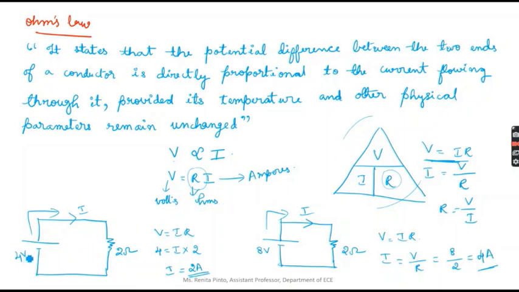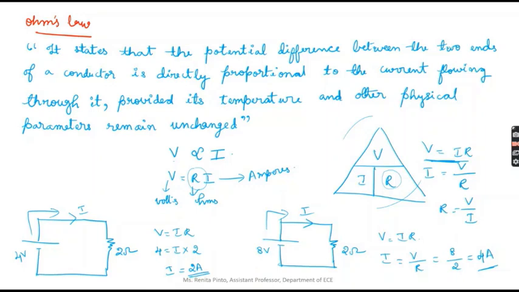I have doubled the voltage to 8 volts and kept the resistance the same, and the current is doubled here, 2 amps to 4 amps. So this proves Ohm's law: potential difference is directly proportional to the current.